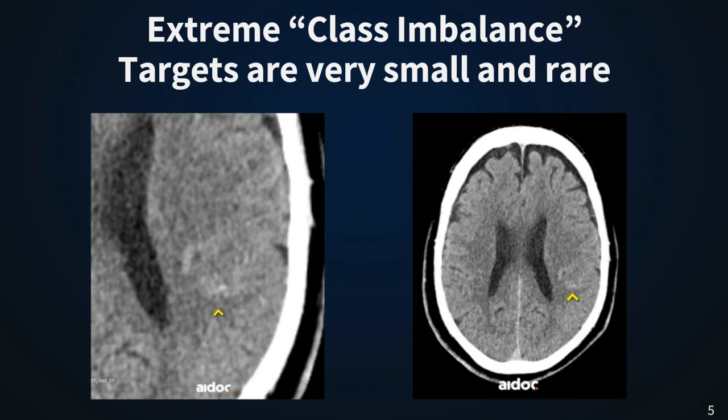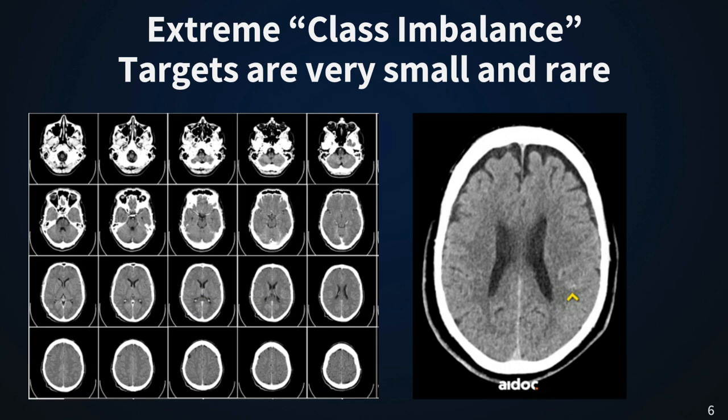But not only that, a single image in radiology is a 3D image. So when you think about it, the few pixels of this hemorrhage should be counted not out of the single slice, but out of the entire 3D scan, which contains sometimes almost a billion pixels, tens and hundreds of millions of pixels.